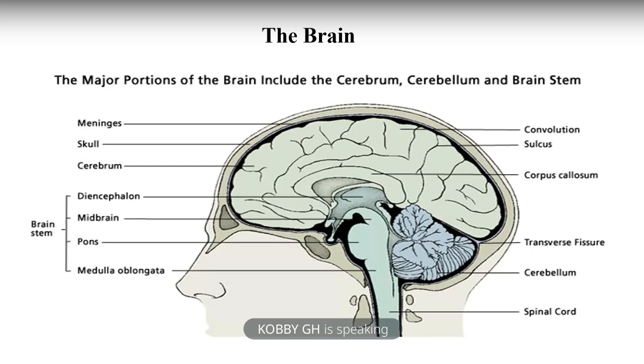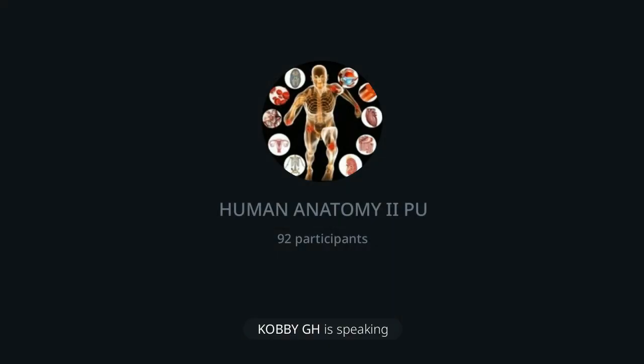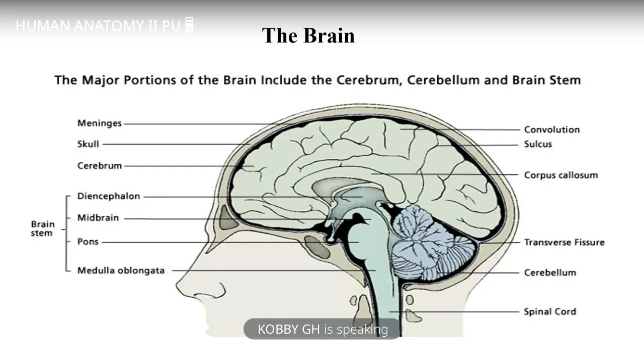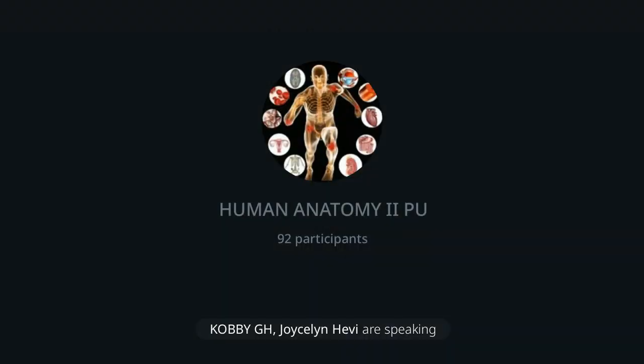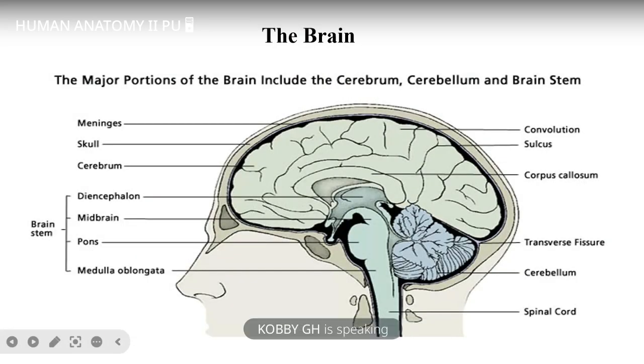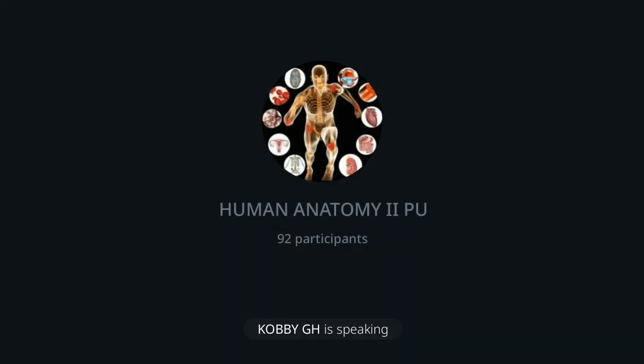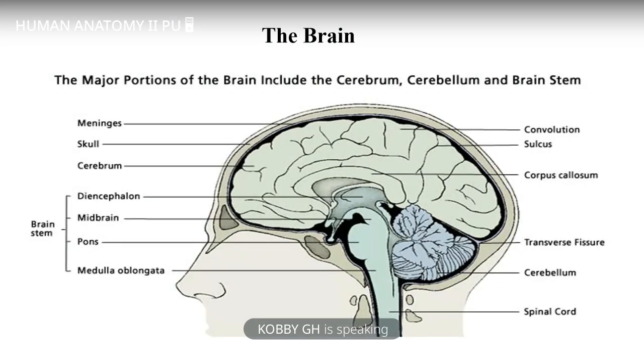Is that okay? Good. And also, the brainstem is responsible for controlling reflexes like your swallowing reflex, your coughing reflex, and vomiting reflex. Is that okay? Great. So that is something you have to know.